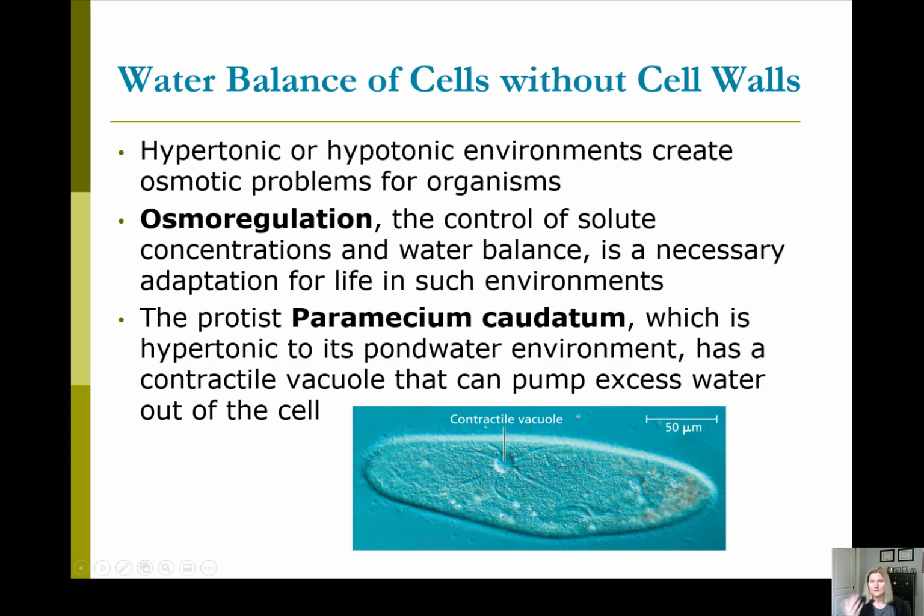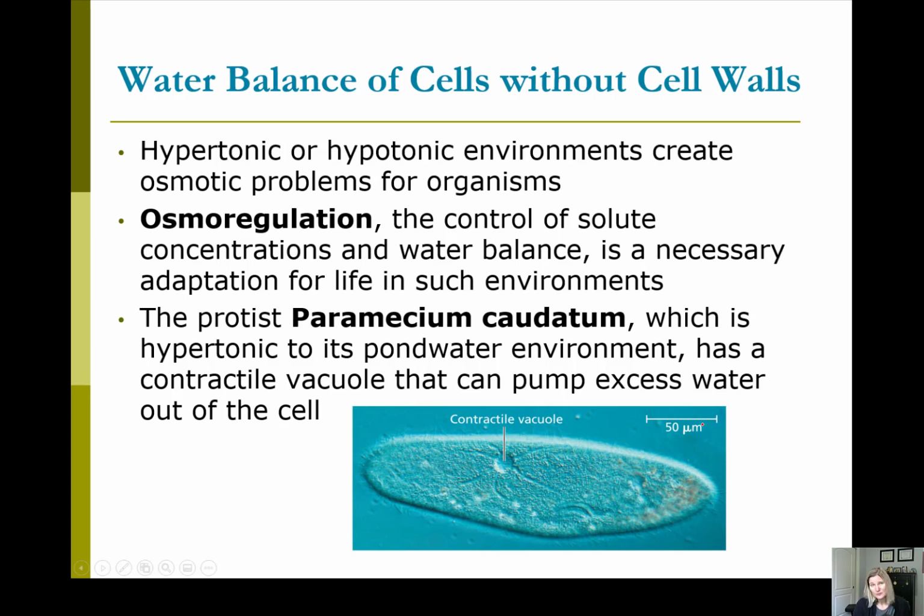So this is necessary if you're living in an aquatic environment. Okay, so this is an example of a paramecium under the microscope. You can see that contractile vacuole, which it's going to use to pump water out when too much water is coming in. So where do paramecium live?